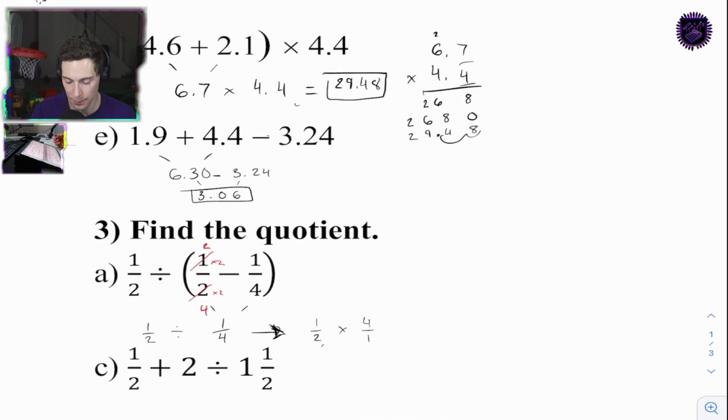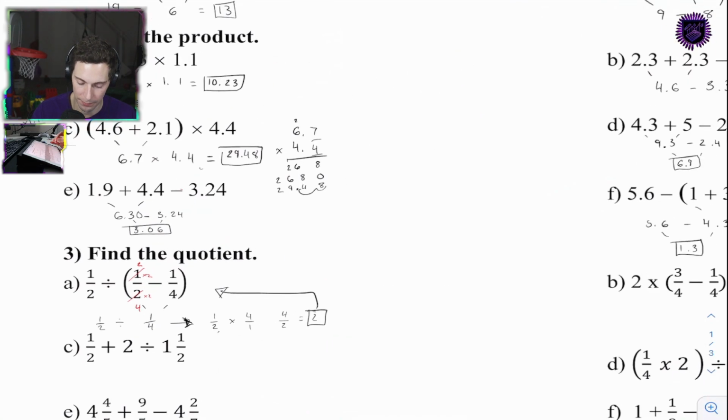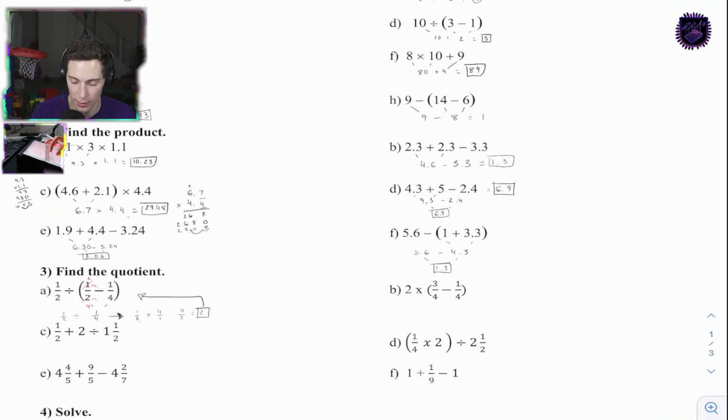We keep the first one, we flip the second one, and we change the division to multiplication. So it's 4 over 2, which is equal to 2. And that's my answer, 2. Right? I'm not checking right with you. I'm just saying it's right.